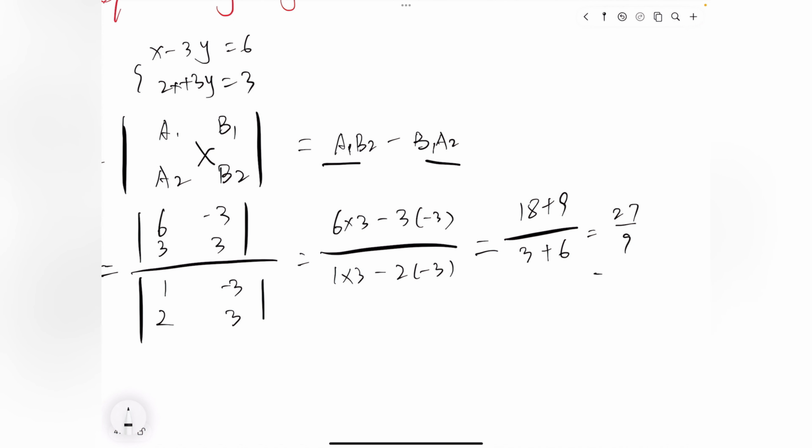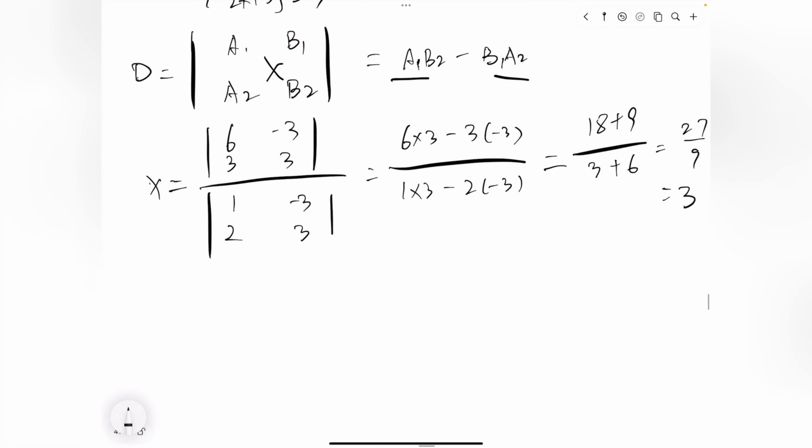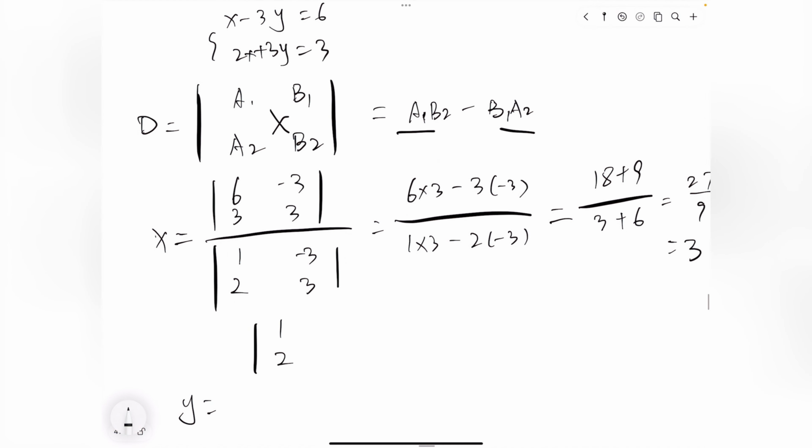So 27 divided by 9, which is 3. And for y, it's lowercase y equal to, the coefficient for x, 1, 2, and replace the y coefficient with c1 and c2.